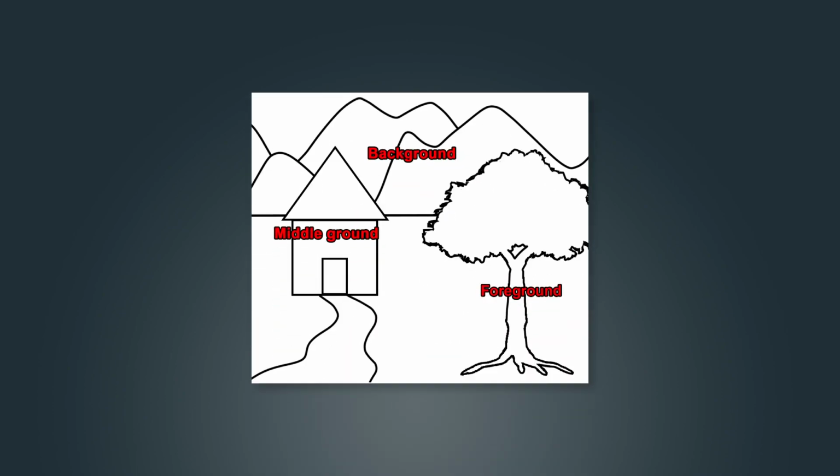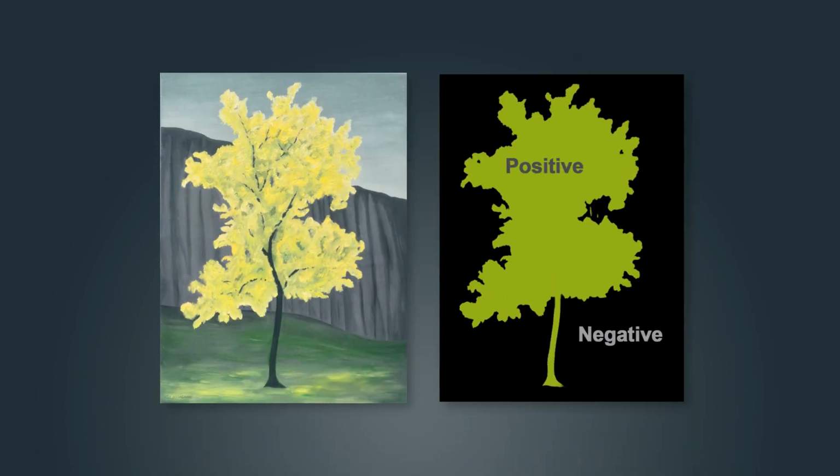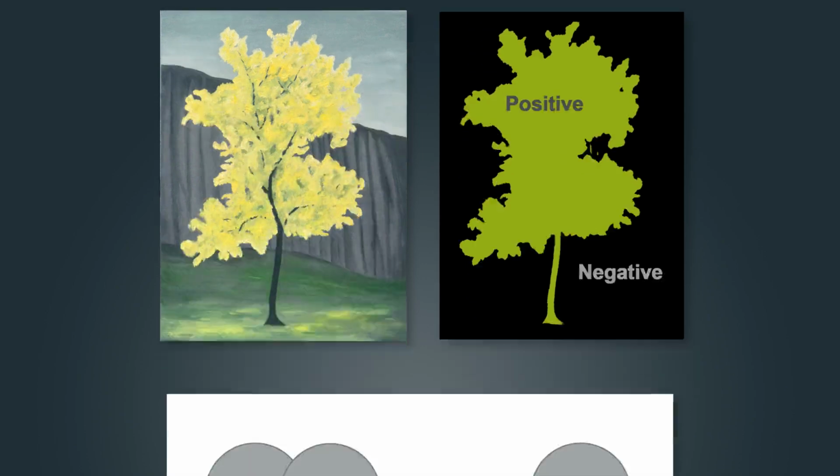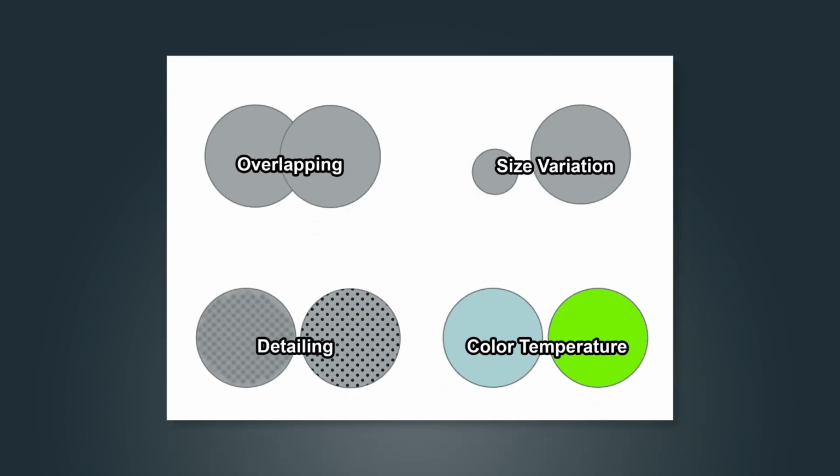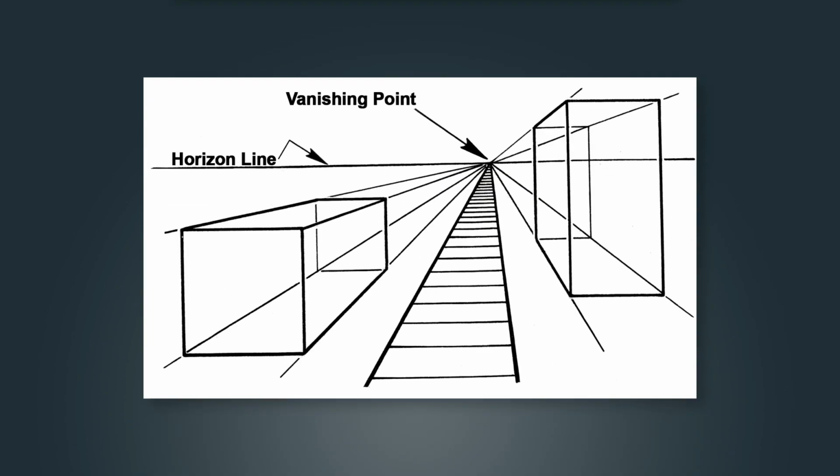In this unit on the element of space, we have covered the concept of foreground, middle ground, and background, positive and negative space, methods for showing space, and linear perspective.